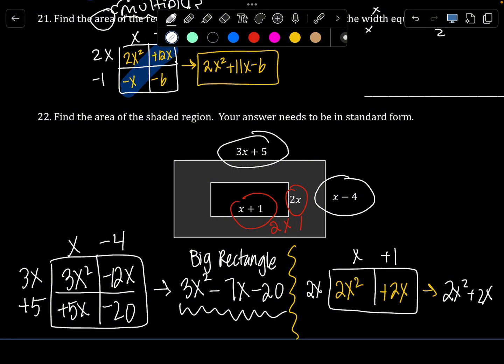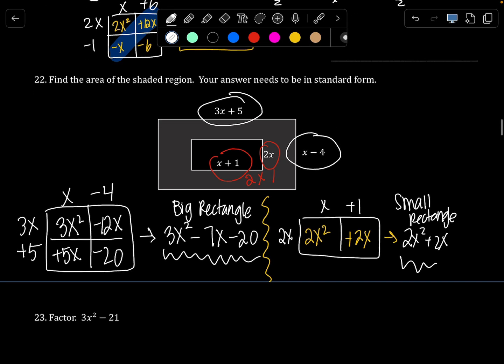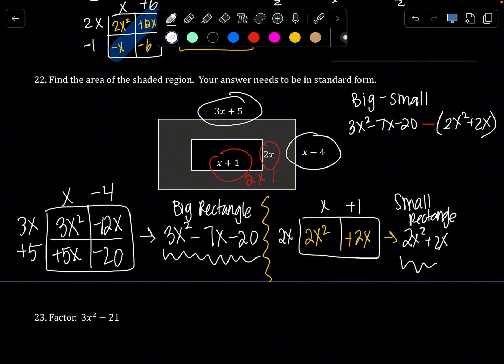Not a big deal. Now that we have the small rectangle and the big rectangle, what we can do is subtract, right? You're going to take big minus small, which is 3x squared minus 7x minus 20, but then minus the small one, which is 2x squared plus 2x.